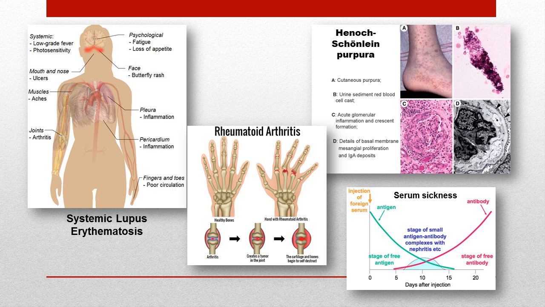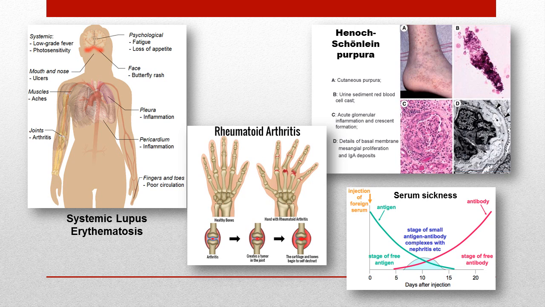Examples are immune complex glomerulonephritis, systemic lupus erythematosus, Henoch-Schönlein purpura, vasculitis, arthritis. They are commonly associated conditions as a result of type 3 hypersensitivity responses.